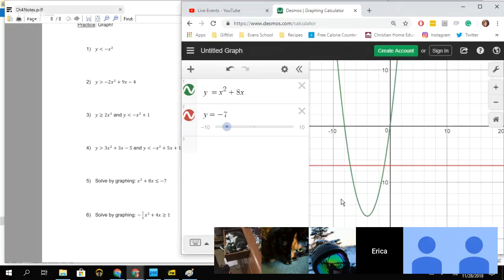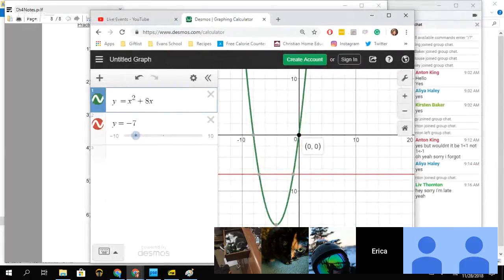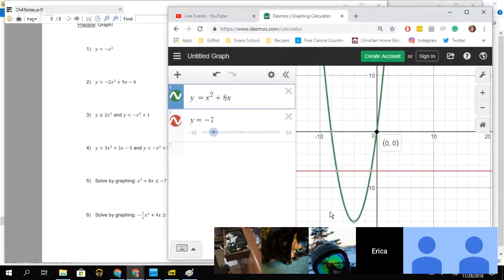All right, so x squared plus 8x is the parabola here on the left-hand side, my green thing, and it's less than or equal to -7. Okay, so what are my values of my parabola that make this true? All right, so for example, my parabola is right here at 0, 0. So this takes a little bit of work. You got to kind of figure it out. Let me take a screenshot of all this, and then I can kind of write on here.